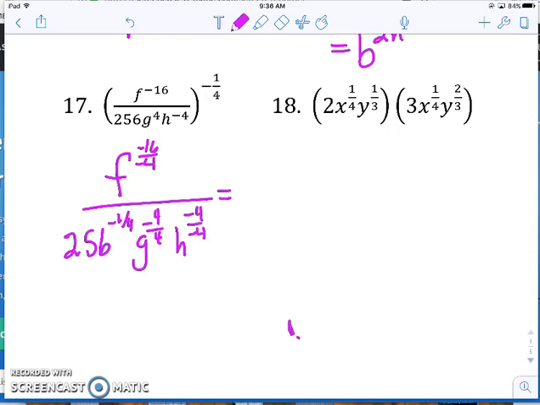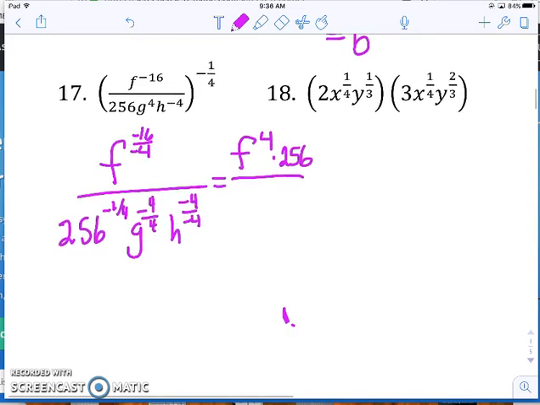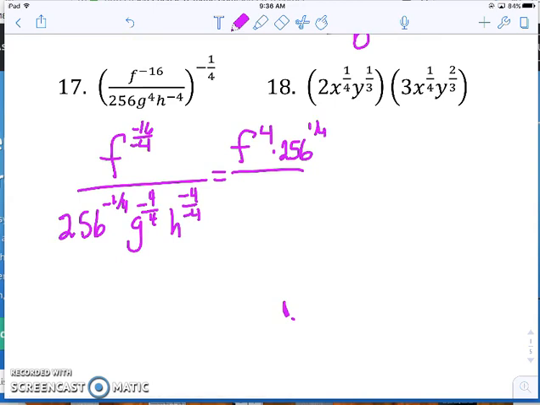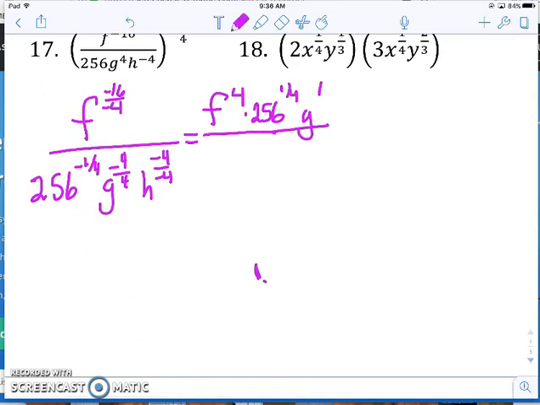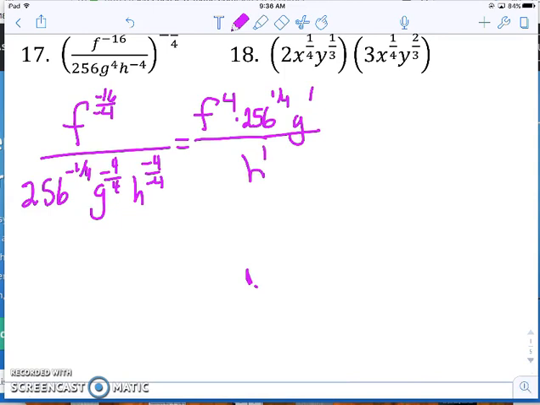So if we simplify this, this is f to the 4th over, well, we would flip the 256 to the 1/4. G negative 4 over 4 is 1, so g to the 1st, h to the 1st.